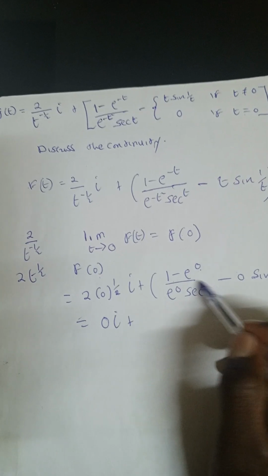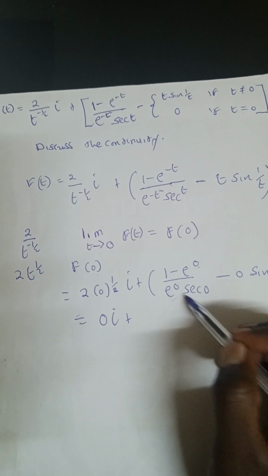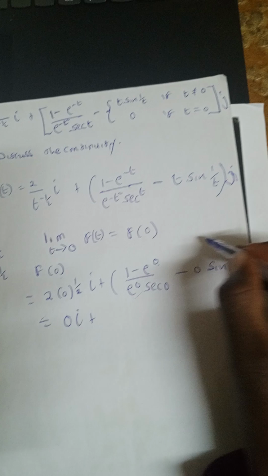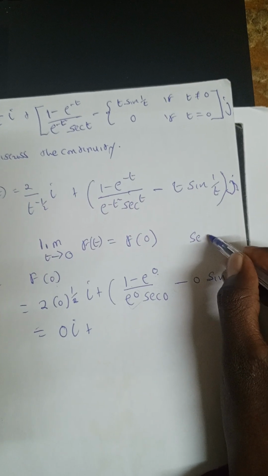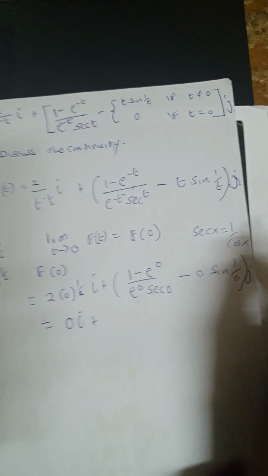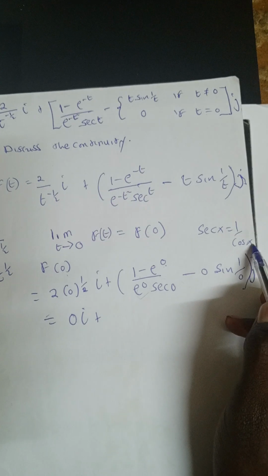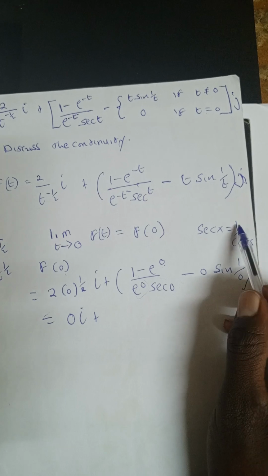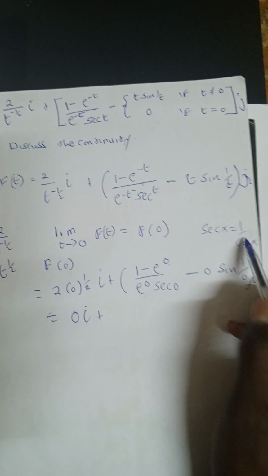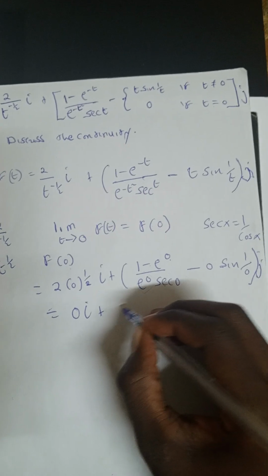Now, our main interest is on the bottom part. This, we know that it's 1, but what about this? We know that sec x is the same as 1 over cos x. So this is the same as 1 over cos 0. Now, what is cos 0? Cos 0 is 1. So it is 1 divided by 1, so it is 1. So it is 0 divided by 1, which is just 0.